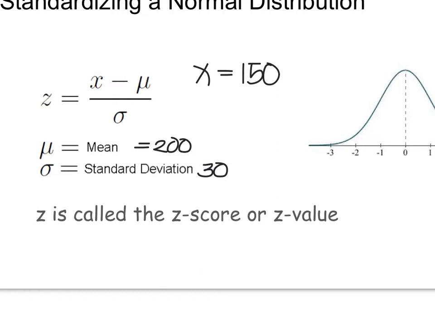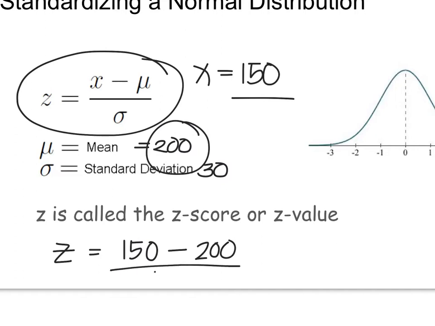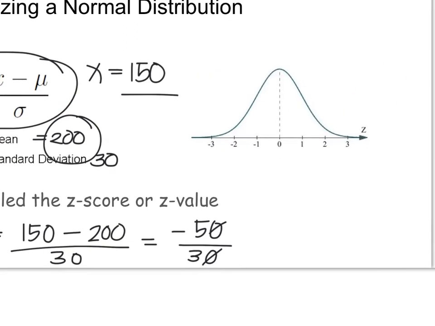We apply the formula z is equal to x minus mu over sigma. Z is equal to 150 minus the mean, which is 200, divided by 30. Computing 150 minus 200 over 30, this will be -50 over 30, and this is -5 over 3.